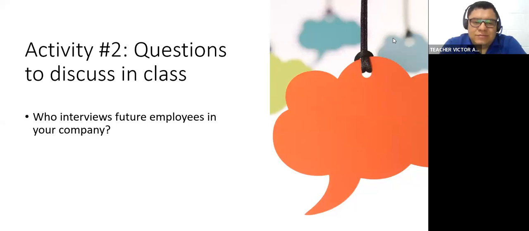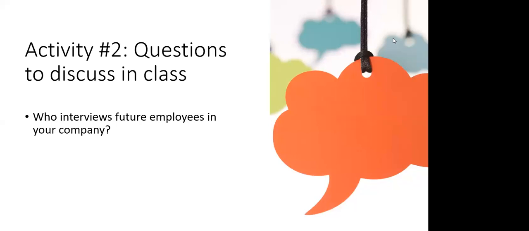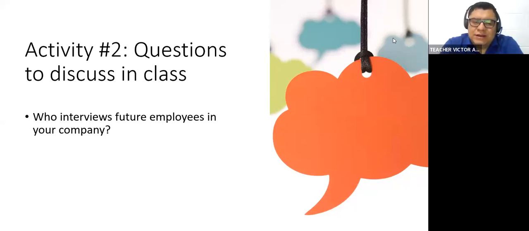Yeah, the boss gives the okay. That is true, and it depends on the position too. They call it filters. The first filter is human resources. The second filter is most of the time the manager, or the supervisor, the person responsible for that department. They explain what the job is about, your salary, if you agree, etc.